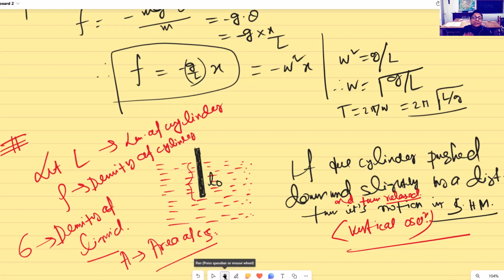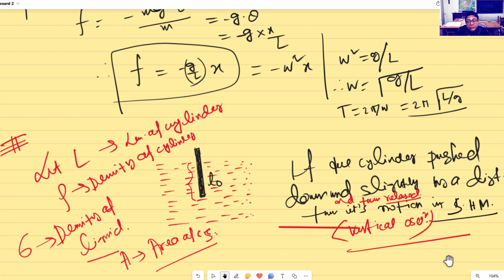Why? Before I derive it, I just tell you why. Initially it is floating in the liquid. So, you know the principle of flotation. It floats because upthrust equals weight. Upthrust and weight are balanced. Initial length submerged here, we have taken L0.